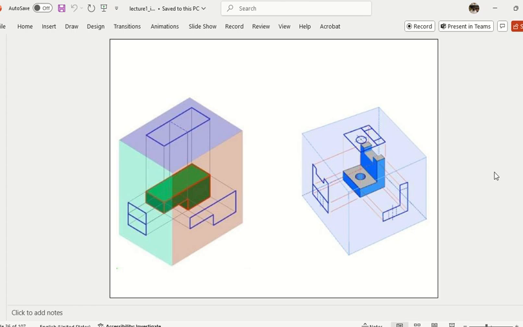Got the point? Clear or not? So if I'm looking at the side of the circle, I will not see the circle, I will just see two lines. So I will just make two hidden lines which show the two edges of the circle.